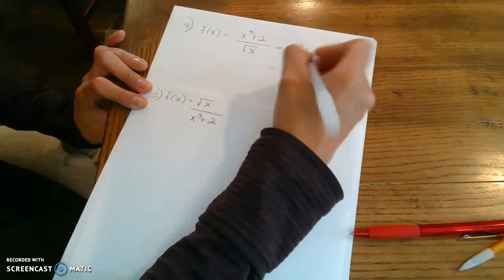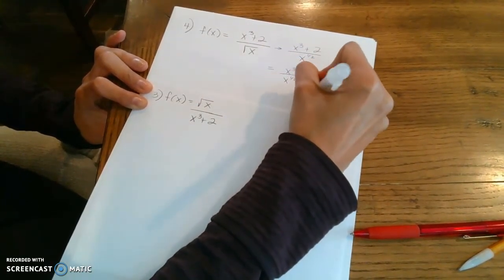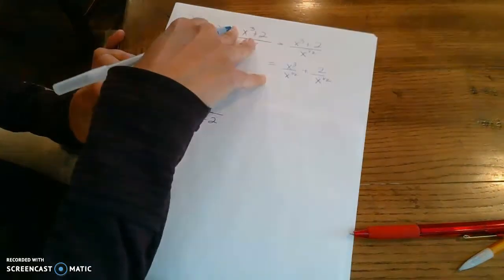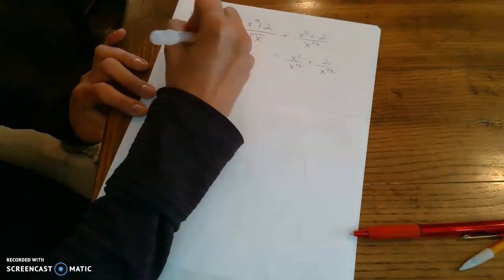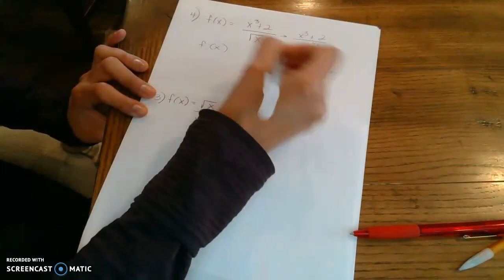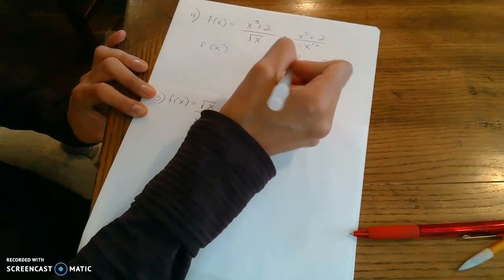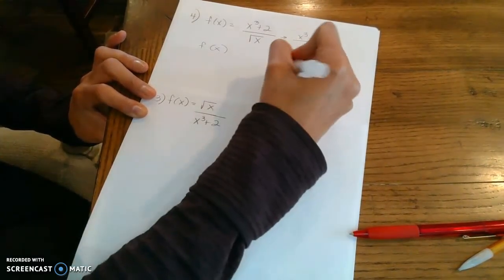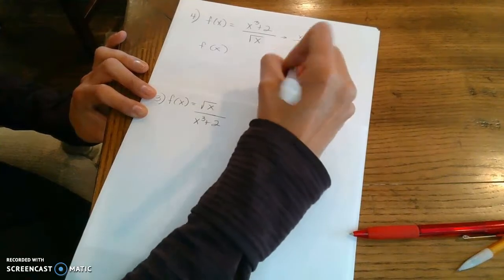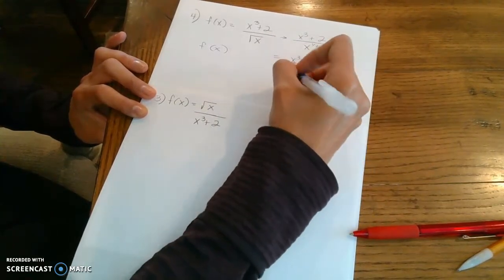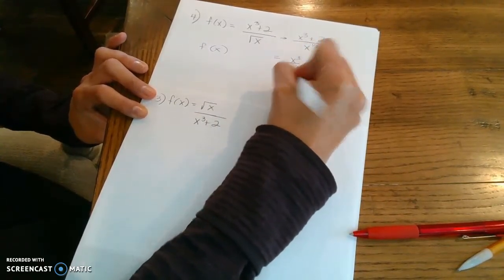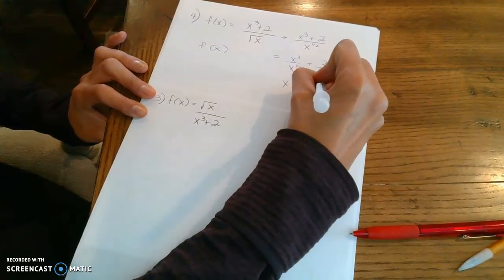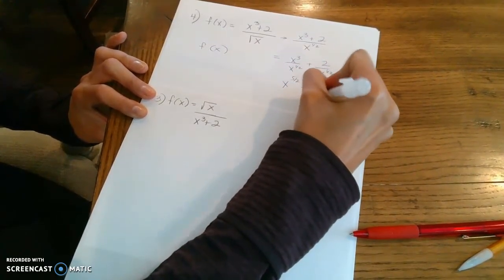If you're dividing by a monomial, you absolutely want to go ahead and rewrite the original function, not taking the derivative, and simplify it. So this 3x to the third divided by x to the 1/2, we just subtract that. We get x to the 5/2, plus 2 over x to the 1/2.